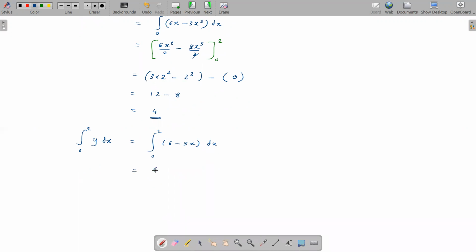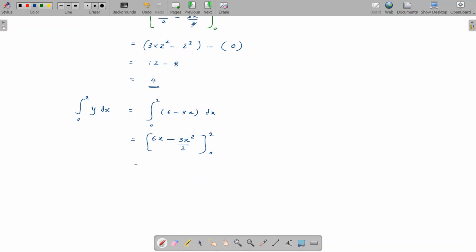All right, so the integration of 6 is 6x, and of 3x is 3x squared over 2. Input the limit from 0 to 2. So 6 into 2 minus 3 into 2 squared over 2, minus the other limit 0. So this is 12 minus 6, which is 6, right?